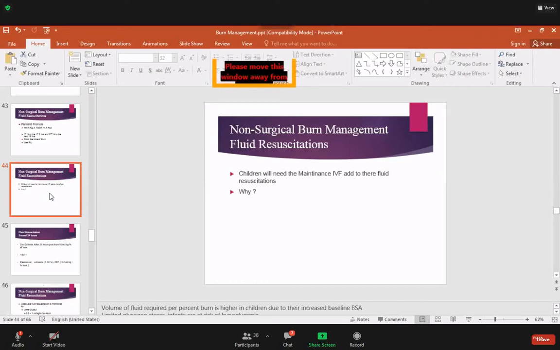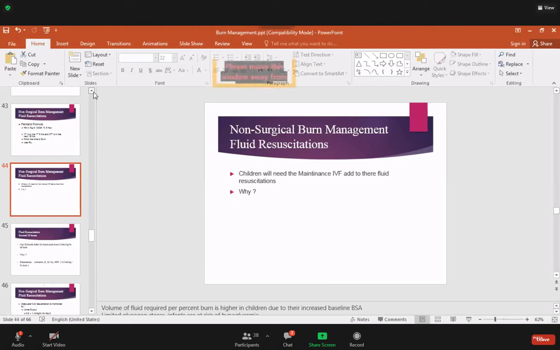What is this formula? American Burn Association. Okay. What is Parkland's formula? This formula is for the colloids, 2 ml per kg. This is for the Parkland formula, sorry. Parkland formula.